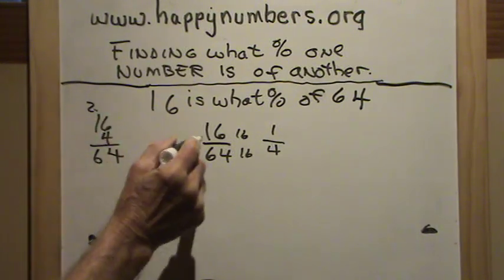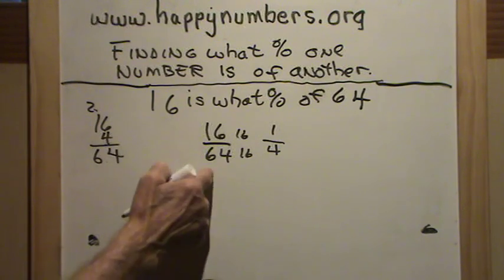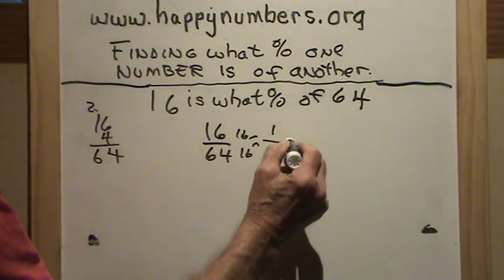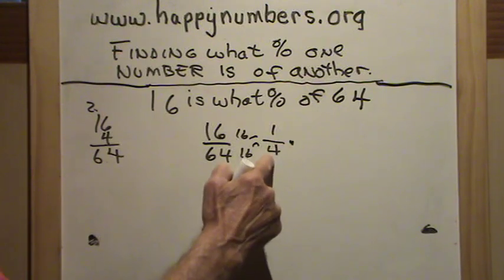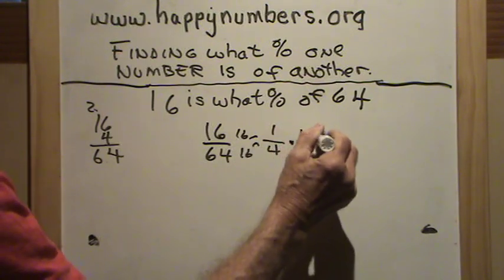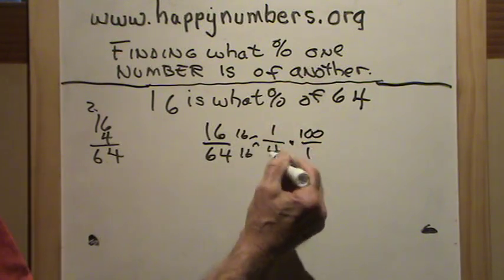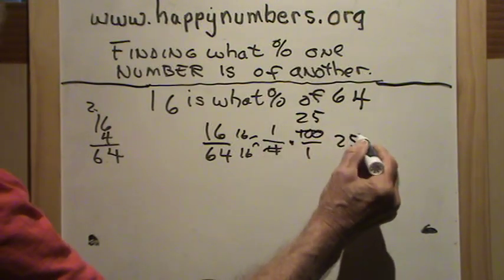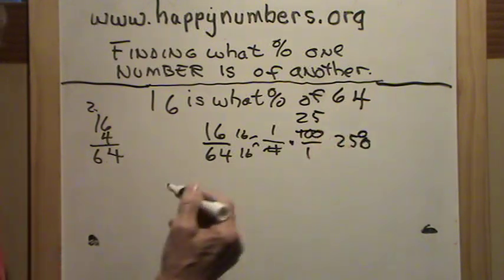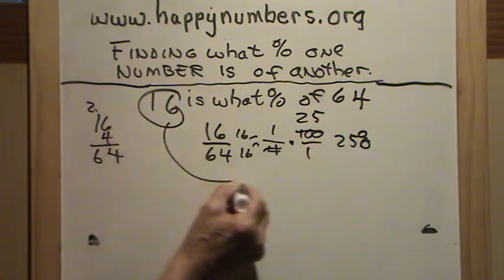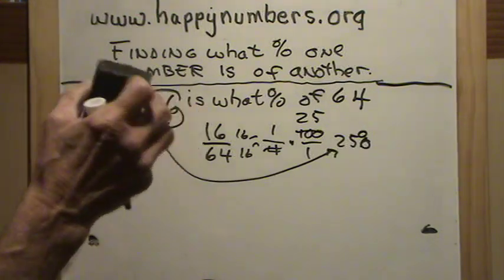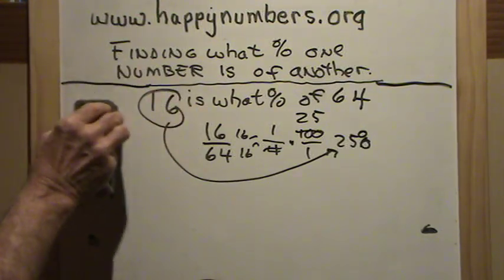So 16/64 goes to 1/4, and since the 4 will go evenly into 100, we'll use the 100 method, and we just did this in the last problem, and we know that it comes out to 25%. So 16 is 25% of 64.